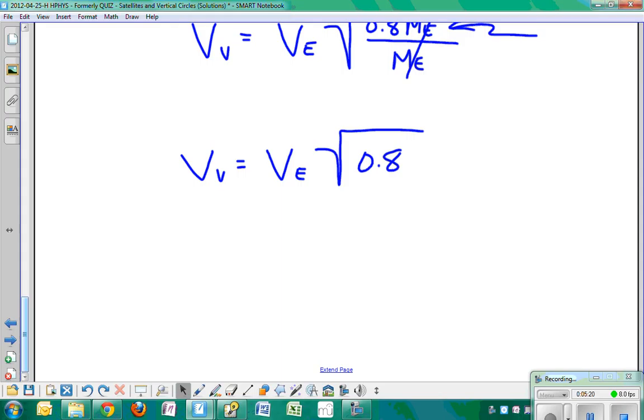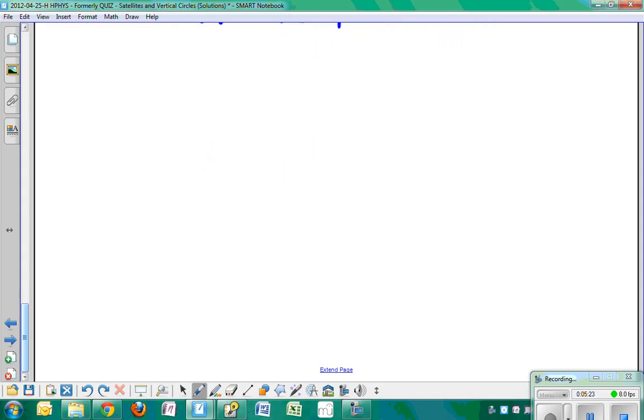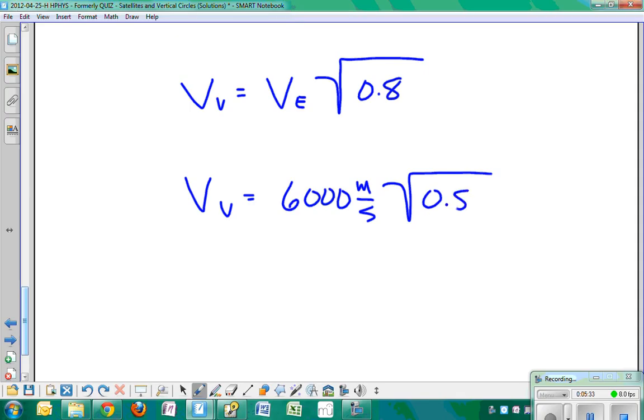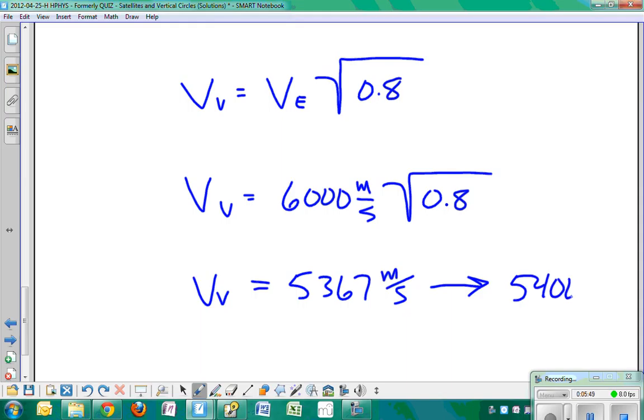Given that the velocity around Earth was 6,000 meters per second, V sub V is equal to 6,000 meters per second times the square root of 0.8. That turns out to be 5,367 meters per second, but we would give that as 5,400 meters per second, and that was one of your answer choices on the multiple choice quiz that we took.